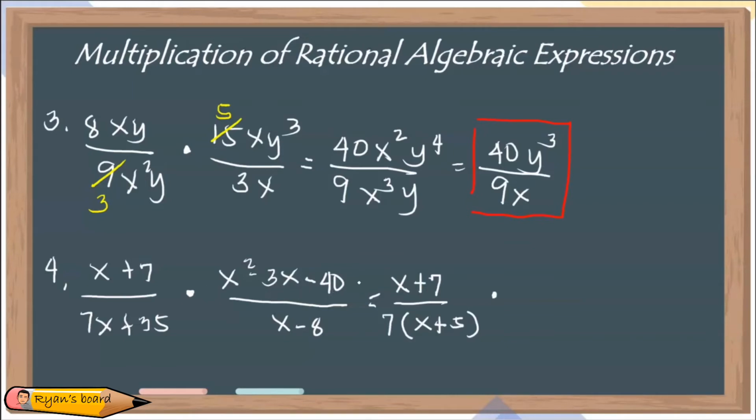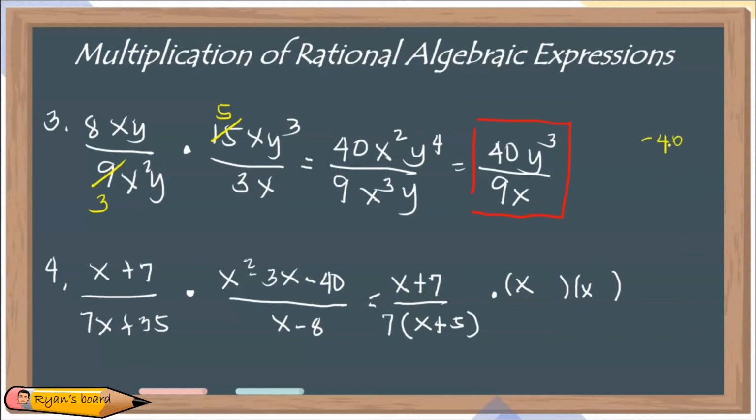Times. Now, itong ating numerator sa second rational algebraic expression, pwede ba to sa common monomial factor? Parang walang common sa kanilang tatlo. So, this is a general trinomial. Okay? So, write x, x. Ano yung factors ng negative 40 na pag ipa-plus ay negative 3? Isip tayo. Ano ba yung mga factors ng negative 40? That's 10 times 4.